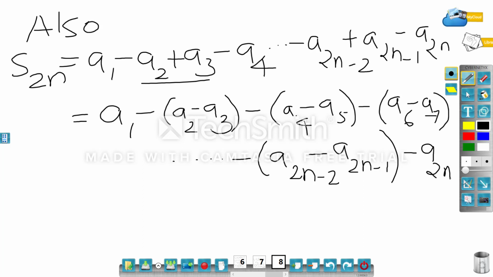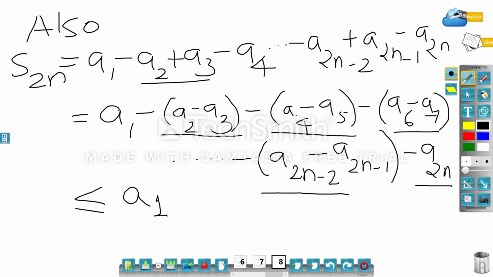Now, since the given condition is that an is always greater than or equal to an plus 1, each and every bracket is positive. Each and every term is positive. Also, it is given that all an's are positive, so a of 2n is also positive. So a1 minus, you are subtracting positive terms, so this would definitely imply that this is less than or equal to a1.